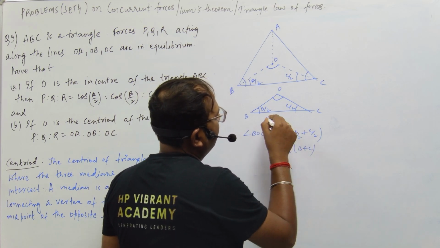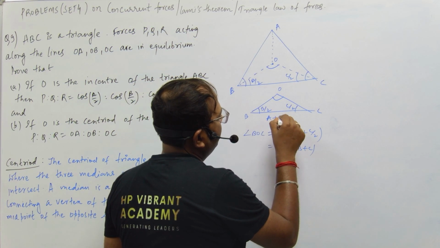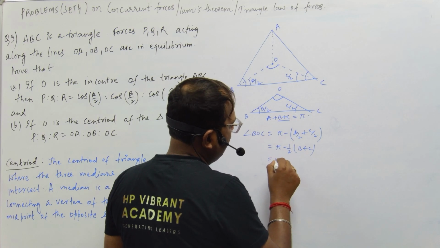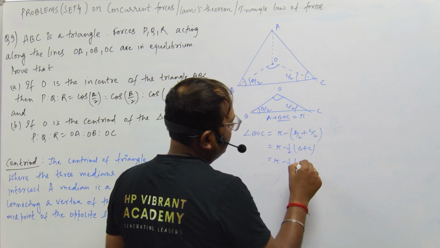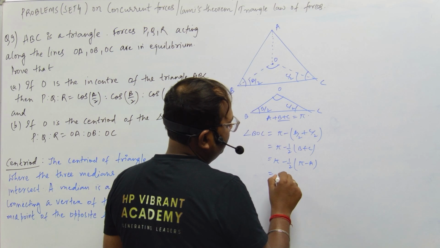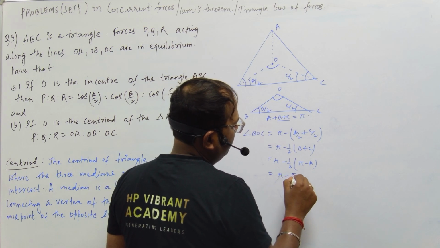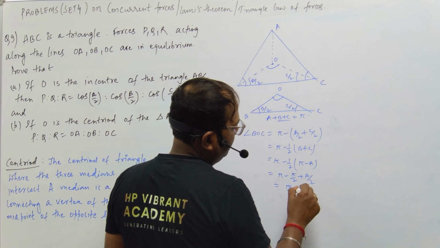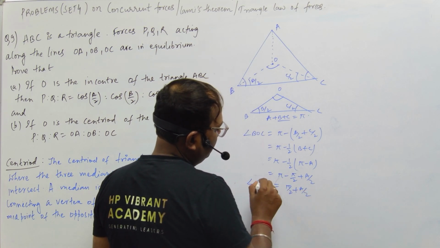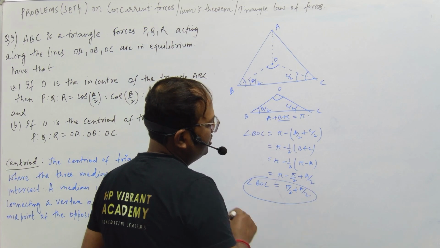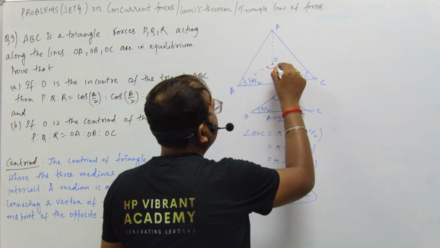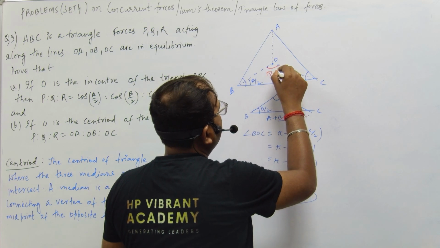We have the sum of angles A + B + C equal to pi, so B + C is pi minus A. So this is pi minus half of (pi minus A), which is pi minus pi/2 plus A/2, which is pi/2 plus A/2. So angle BOC is pi/2 plus A/2.